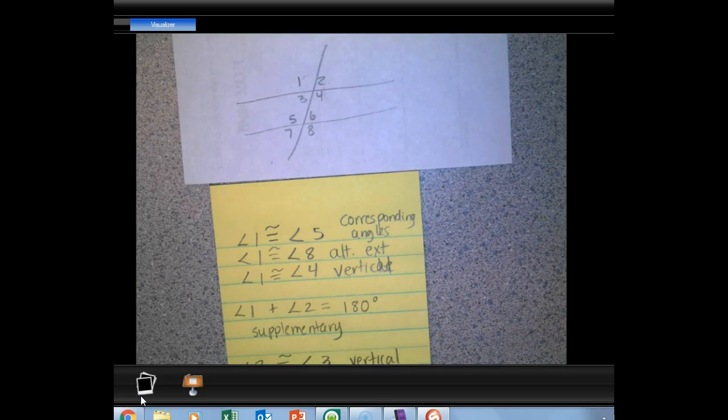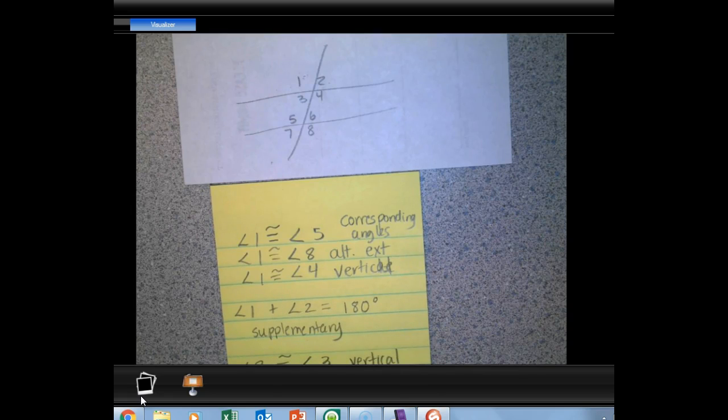Noah? I'll get you next, Christian. Noah? Angle 2 would also be congruent to which other angle? Seven and 6? Give me one angle. Why?